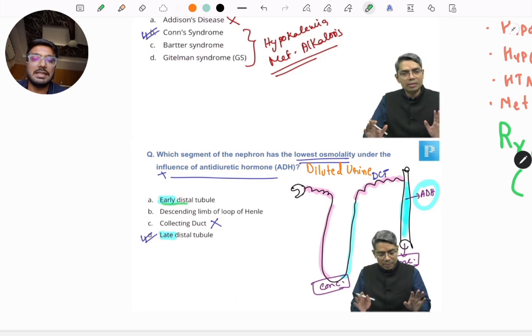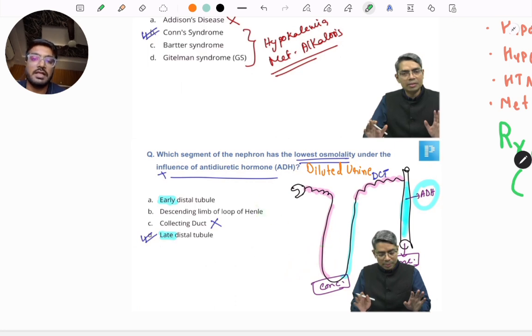Now, this early distal tubule and late distal tubule, I'm not sure if they give both options, but the distal tubule, or distal convoluted tubule, was the answer there. And in the descending loop of Henle, we know that it only allows water to go out, and the urine here will be hypertonic. So the descending loop of Henle option also gets ruled out.